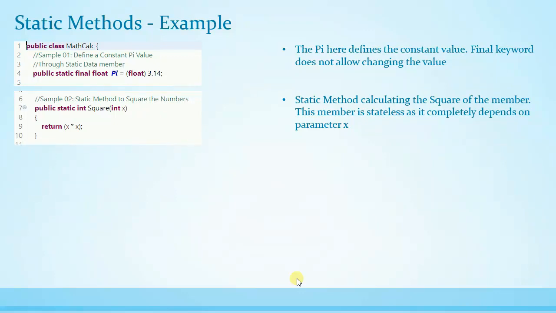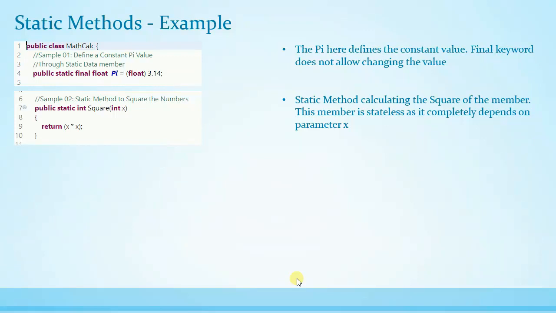That means it depends on the state of the class, and different instances may have different values for its dependent data member. Right here in this example, it doesn't invoke any internal member. The parameter passed is x, and that is multiplied, x into x, and returned to the caller. So it completely doesn't depend on object state. That's why we keep it static here.